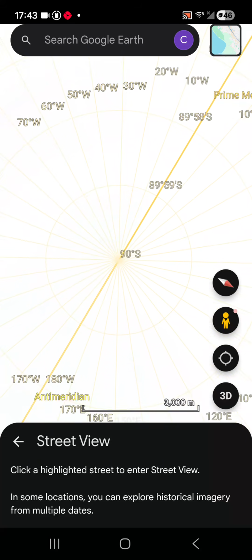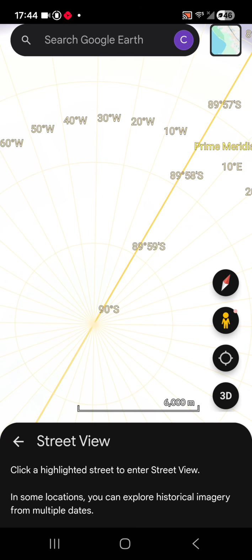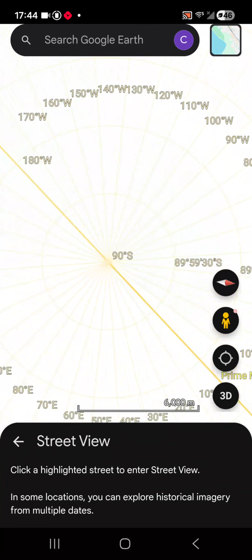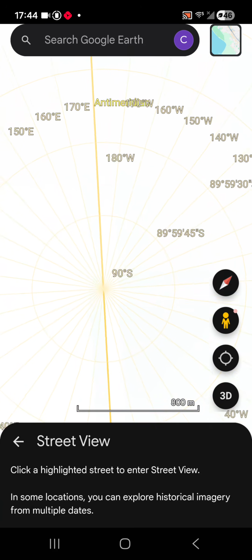There used to be a cross that would go down from 89.58 south all the way to the 90 south. The very center would be the right side of the crossbar, but it's no longer there.